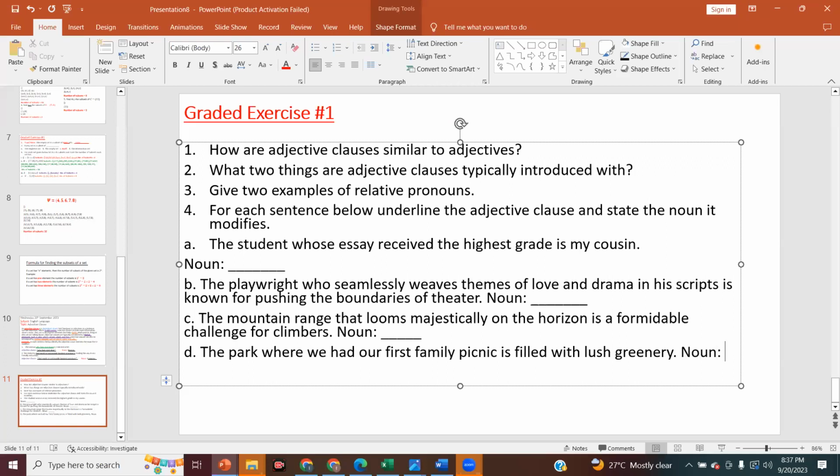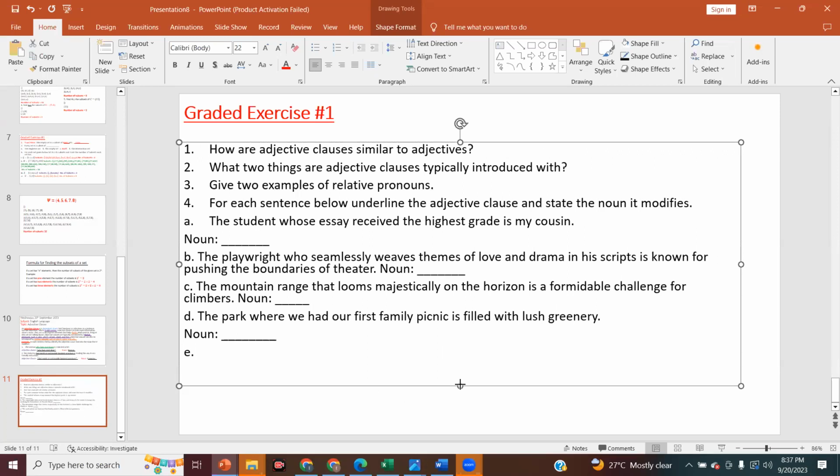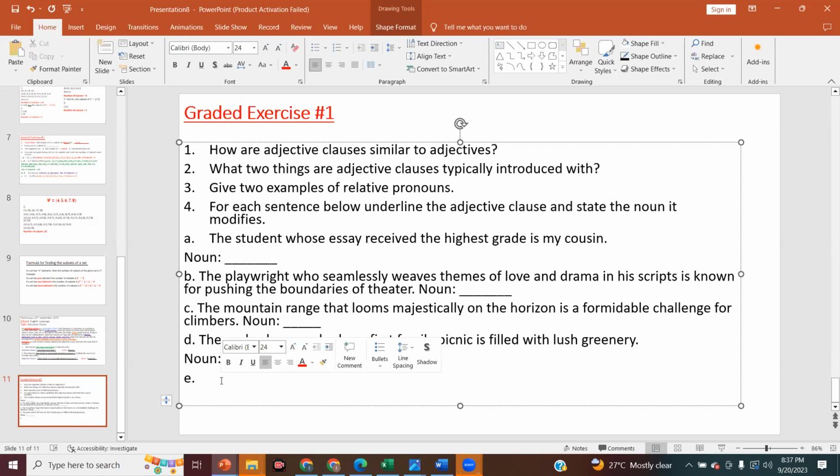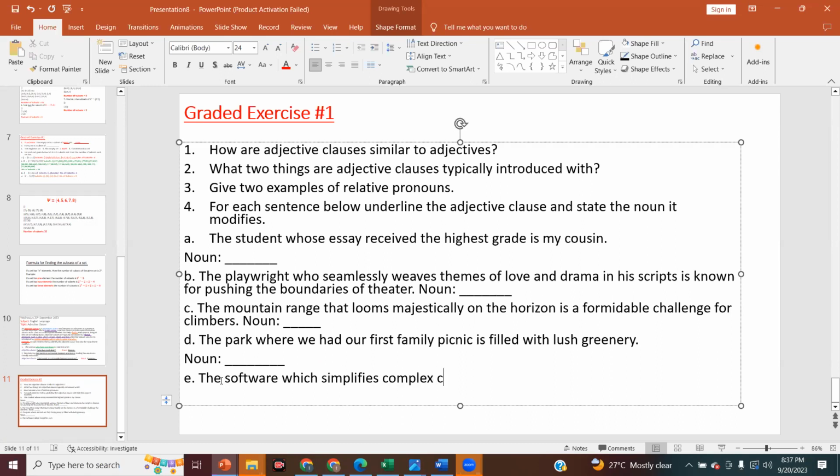So now there. And last but not least, the software which simplifies complex calculations gives additional information about the software.